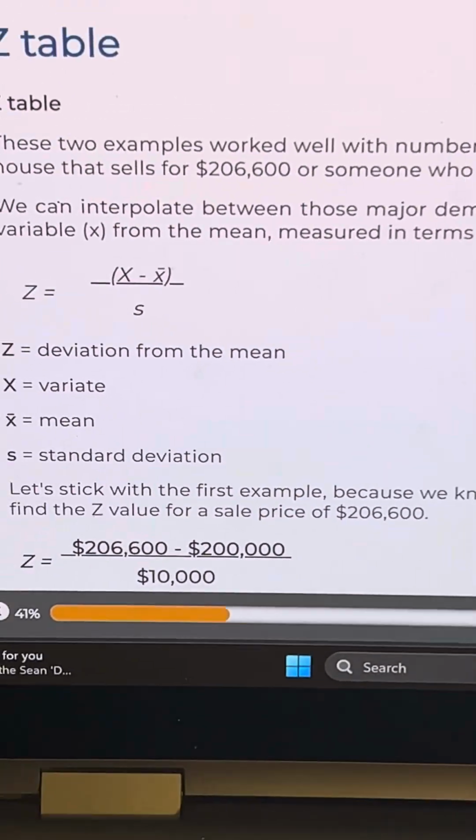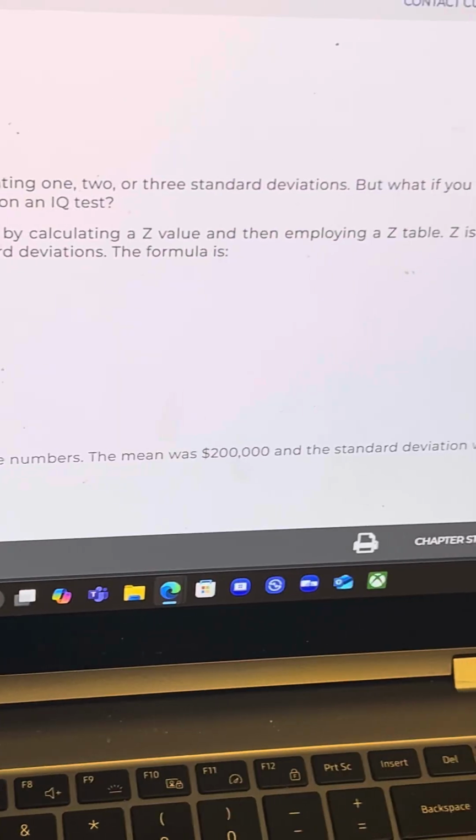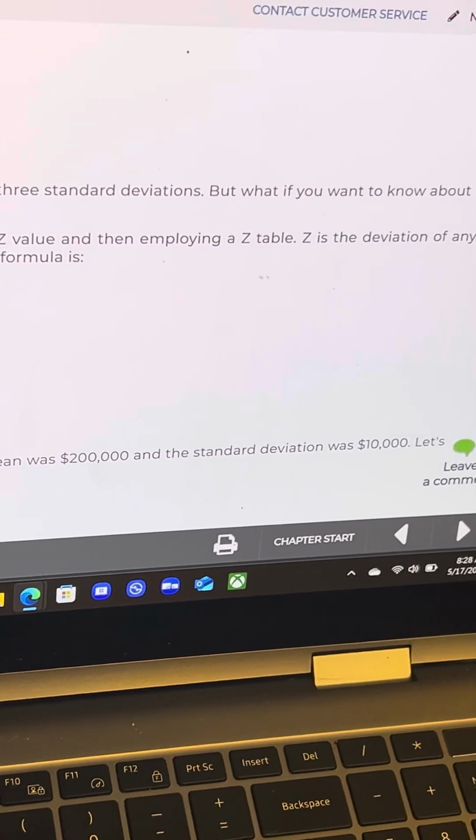Let's stick with the first example because we know those numbers. The mean was $200,000 and the standard deviation was $10,000.